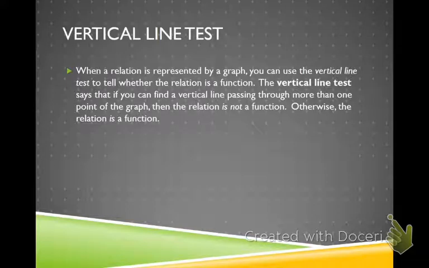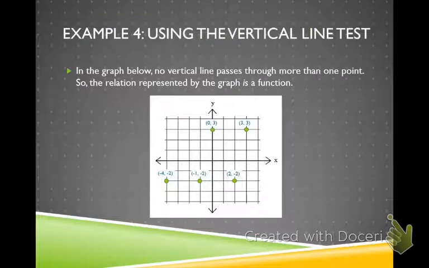Does this graph represent a function? Well, you don't want to have to pull all the values out of it. So the vertical line test is what can show you from a graph only if something is a function or not. All right, so here's our first graph that we're looking at.